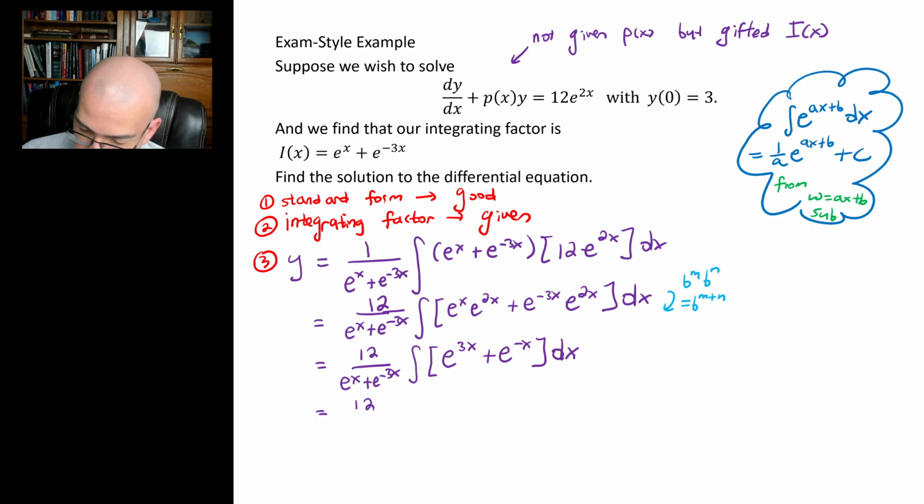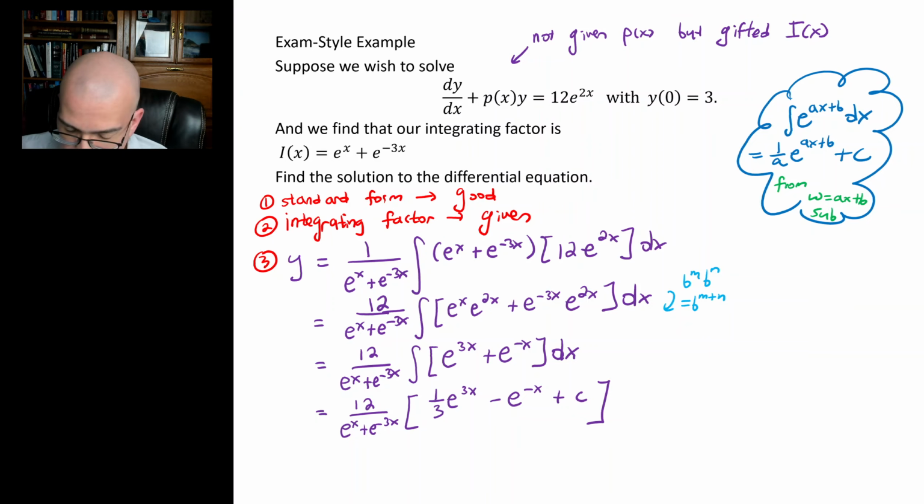So 12 over e to the x plus e to the negative 3x times 1/3 e to the 3x minus e to the negative x plus c. And then we can use the condition to find c.